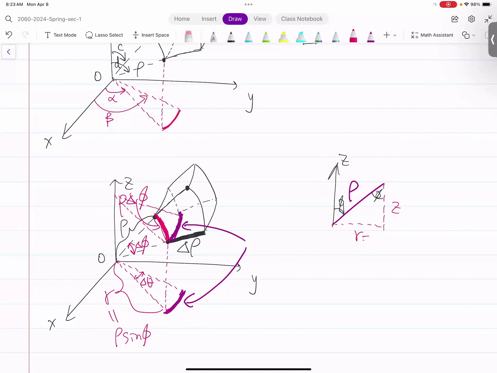So r is rho sine phi, right? z is rho cosine phi, right? So that tells you what? That tells you the purple arc, the circular arc, is going to be this radius, little r, multiplying by delta theta, multiplying by the angle facing it.